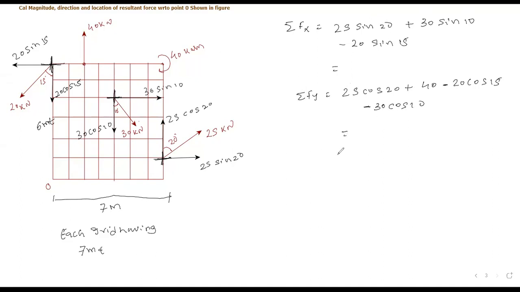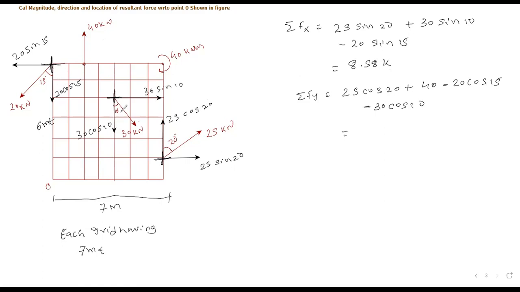And please give me value of sigma fy. Your sigma fx will be equal to, okay, good, 8.58. I don't know what is answer. I am adopting it as a right answer. 8.58 kilonewton.